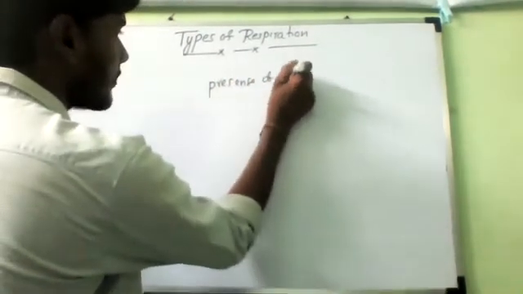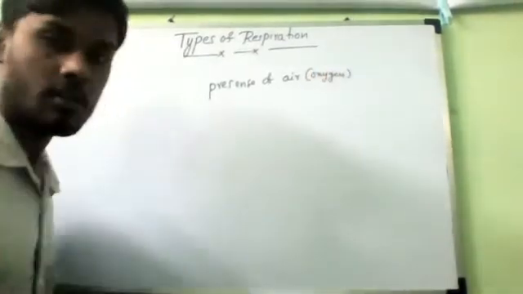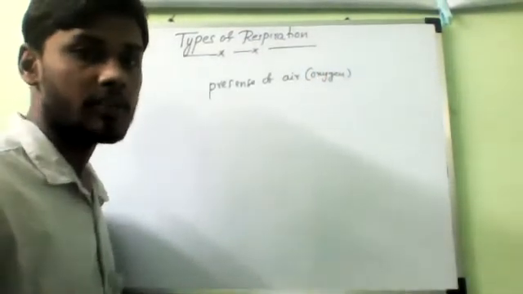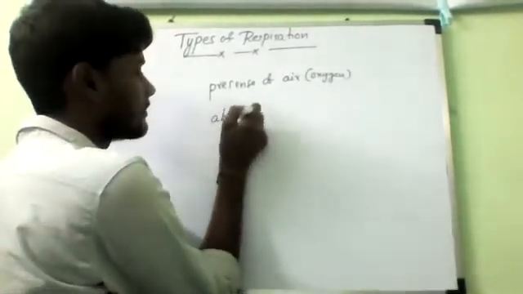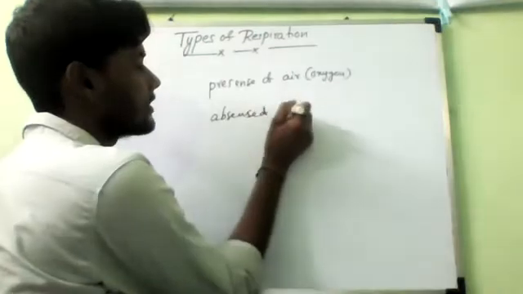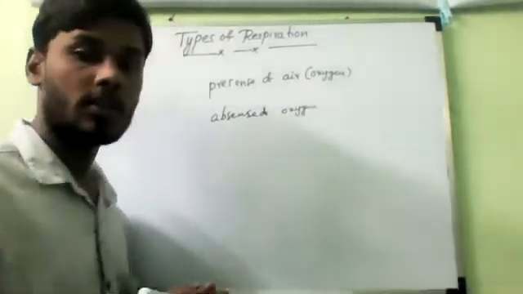In the sense of what? Oxygen. So it takes place in the presence of oxygen, as well as in the absence of oxygen. These are the two ways respiration takes place.